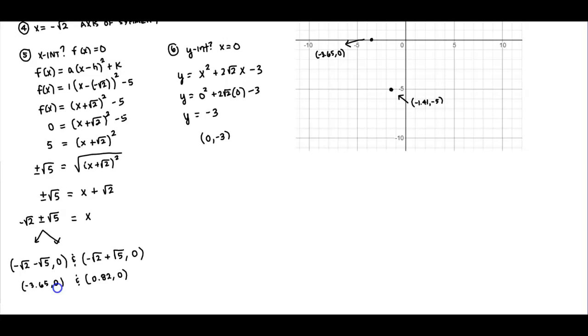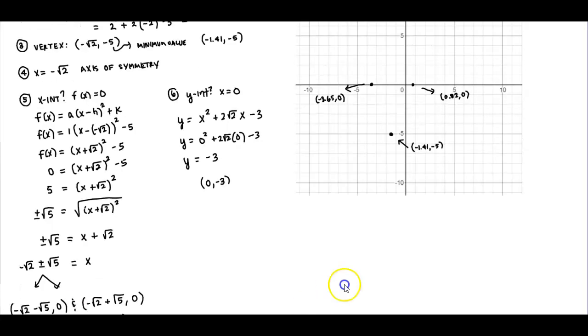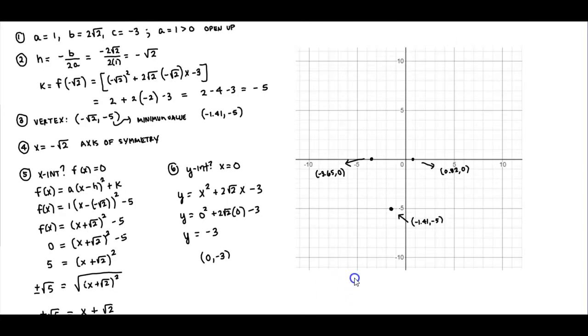And we also have 0.820, so there's the other x-intercept, which is located there. So that is 0.82 and then 0.